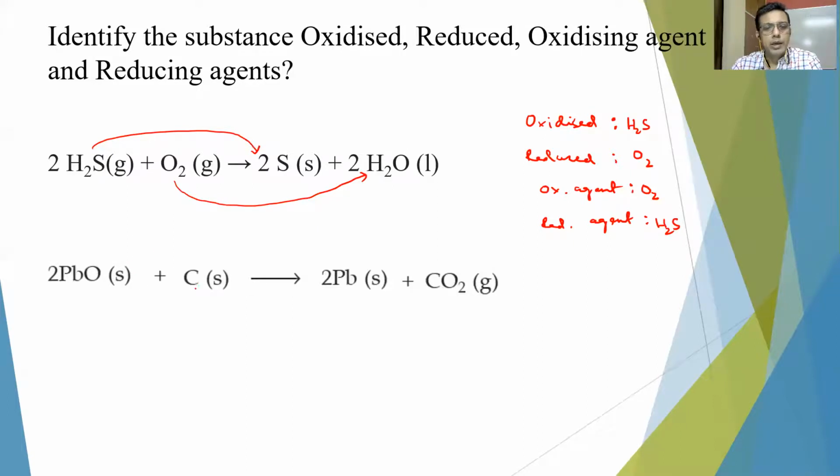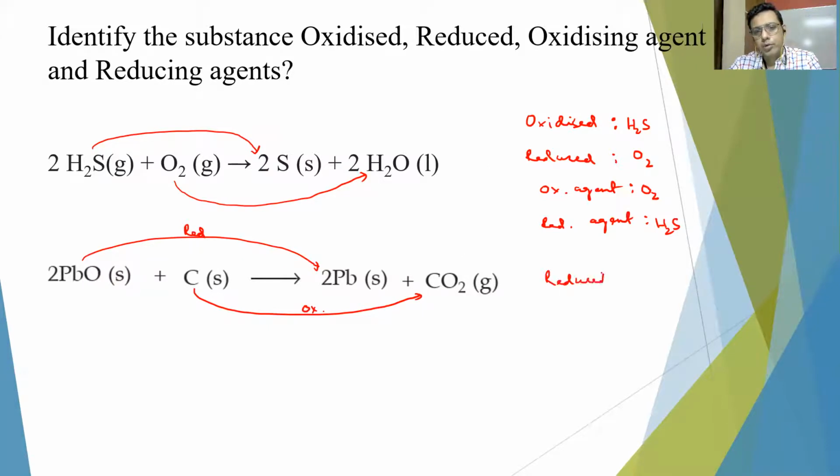In this case, carbon is oxidized to carbon dioxide and lead oxide is reduced to metallic lead. So here lead oxide is the substance reduced. Reduced is lead oxide.